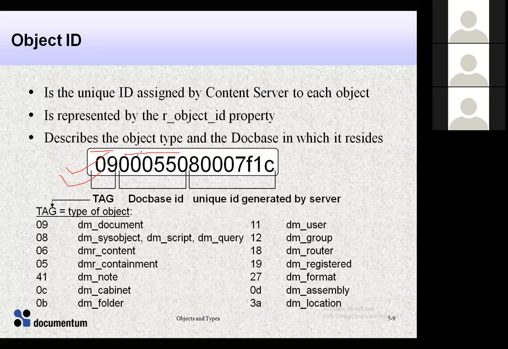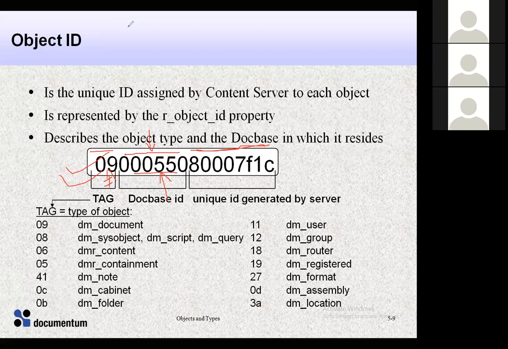This object ID is a 16-digit character. The first two digits represent the type of object. The next digits define the docbase ID, or you can say the repository ID. The rest of the digits are the unique keys, so that it identifies as unique.